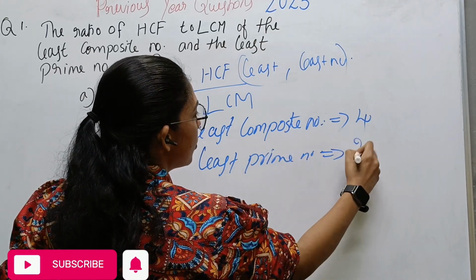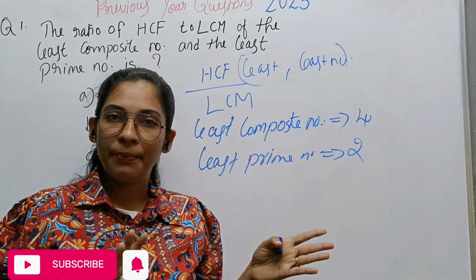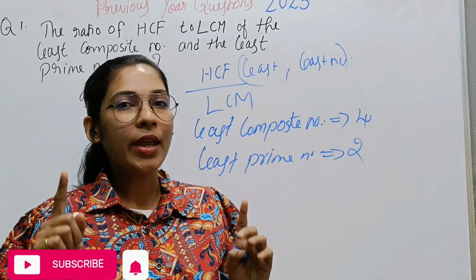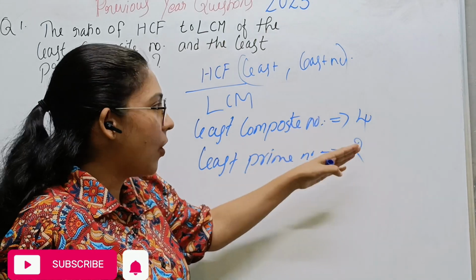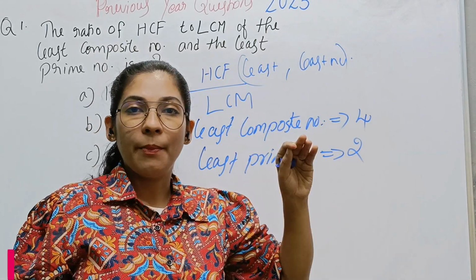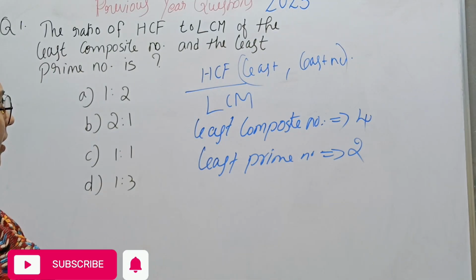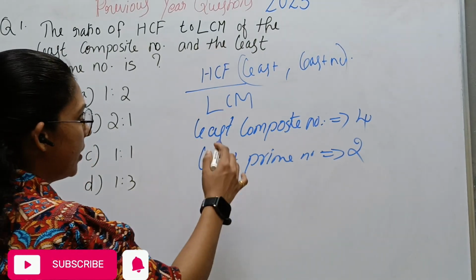Is 3 a prime number or composite number? 3 is also a prime number. And 4 is the least composite number. So these are the two numbers, and we have to find the HCF and LCM of these two numbers.